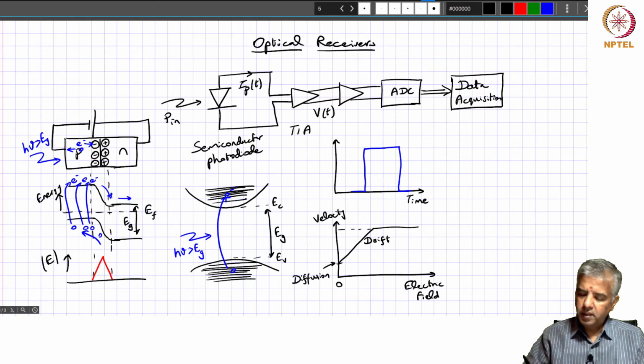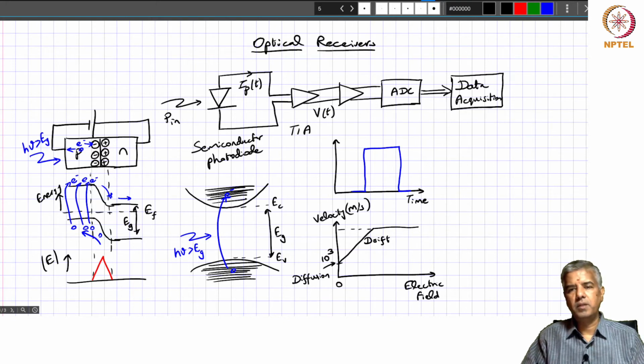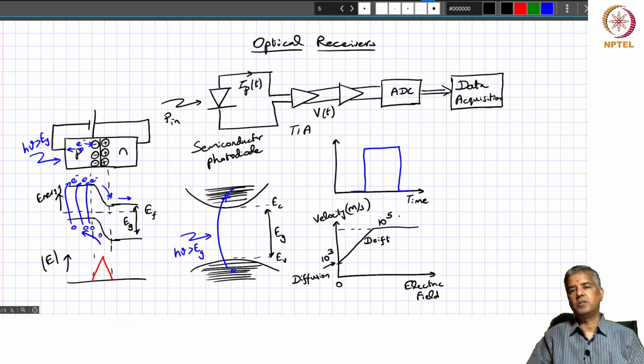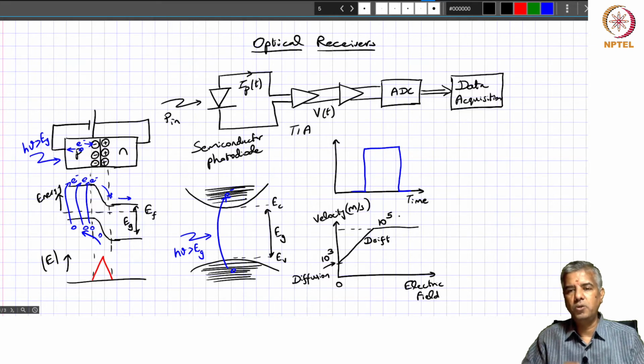The key point here is this diffusion velocity tends to be in the order of 10 power 3 meters per second, whereas the drift velocity, this saturation drift velocity, can be in the order of 10 power 5 meters per second. Okay, so there's going to be a huge difference in the transport mechanism of the carriers, whether it's under the influence of the electric field or not.